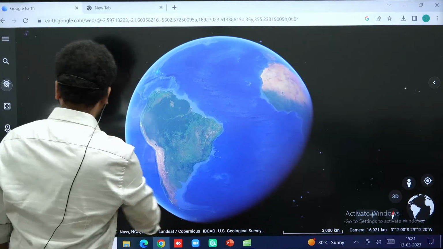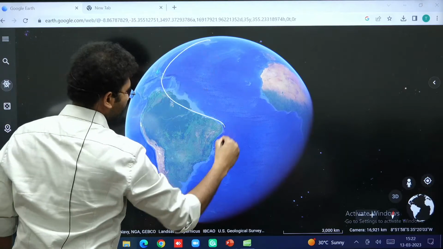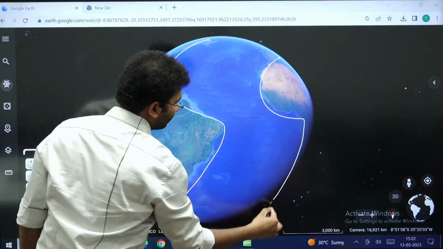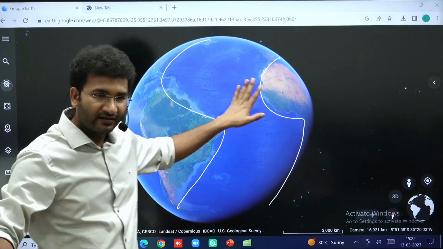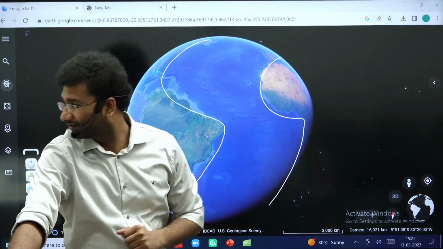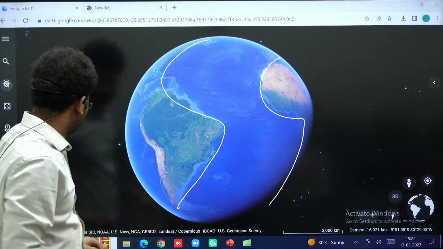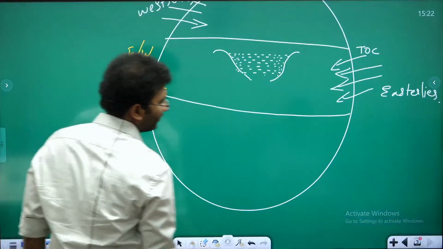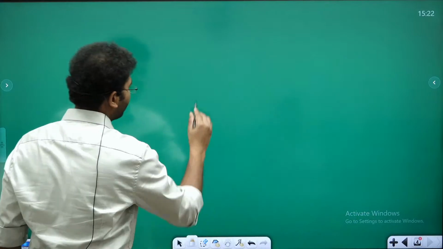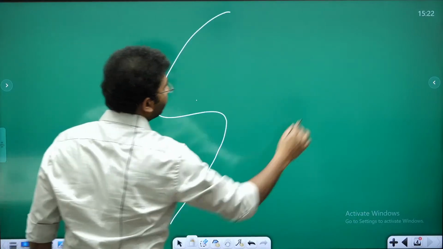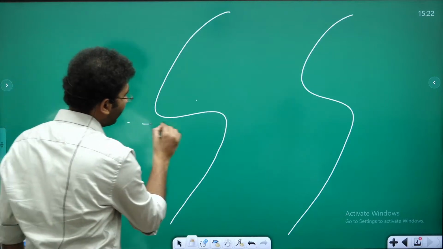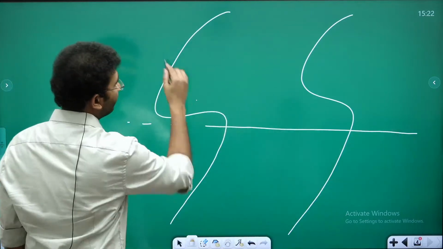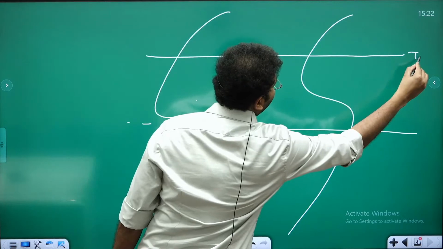Broadly, this is your Atlantic Ocean, right? What is the shape? It is like an S. Now let's take this Atlantic Ocean and try to study. It's like this. So I've taken this Atlantic Ocean. This is the shape, right?